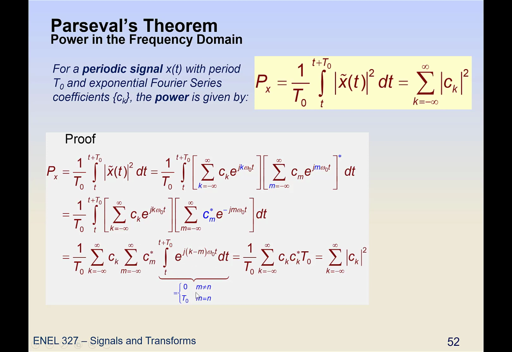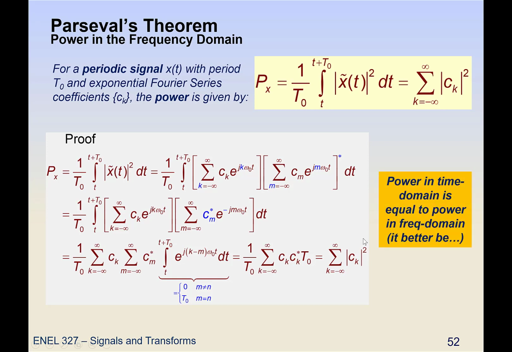We already said that those functions are orthogonal, so that integral is 0 everywhere except when m equals k here. So that means that these sums are always 0 except when m equals k. And that's why I can actually just return to a single sum here. We have c_k times c_k conjugate. Well, that's just |c_k| squared.